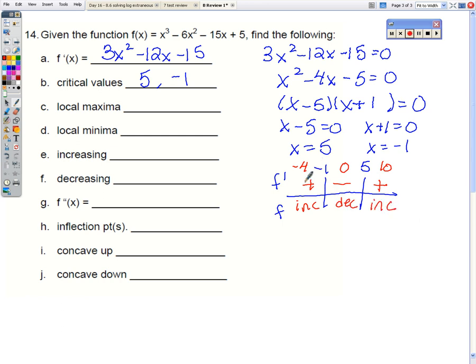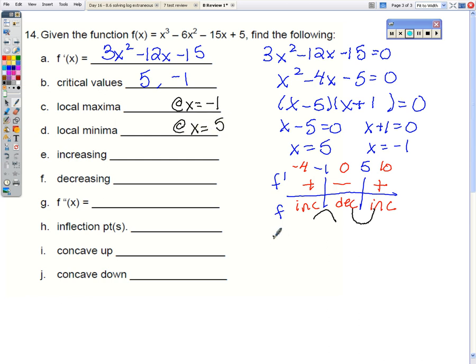When I plug in negative 4, I got a positive value. When I plugged in 0, I get a negative. And 10, we get a positive. So increasing to decreasing, decreasing to increasing. So we have a max at negative 1. And we have a min at x equals 5.